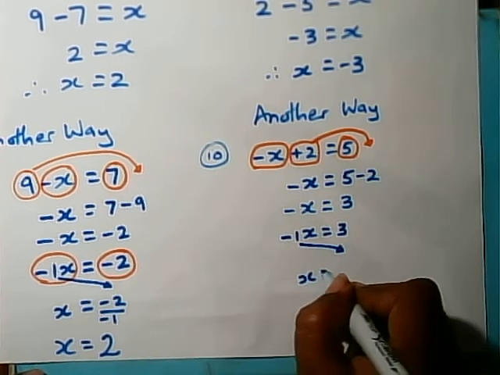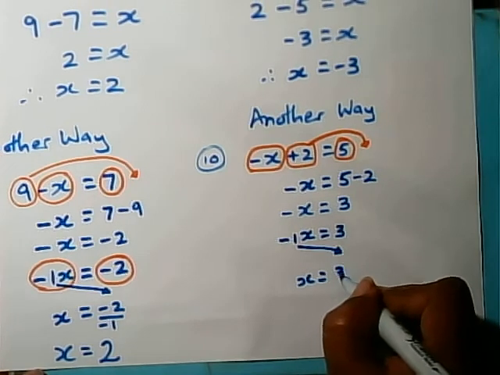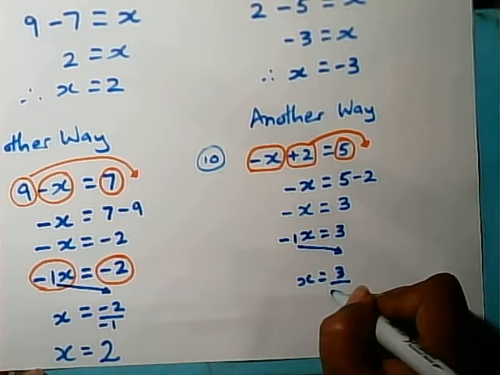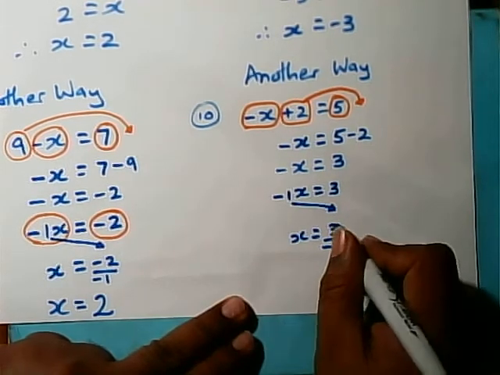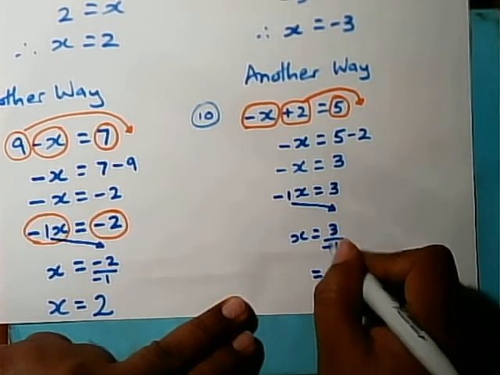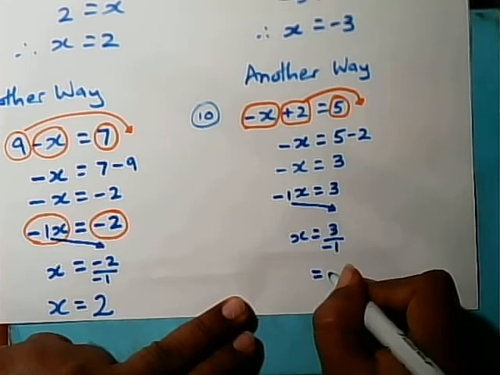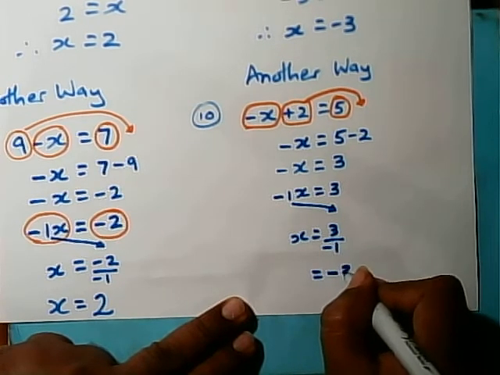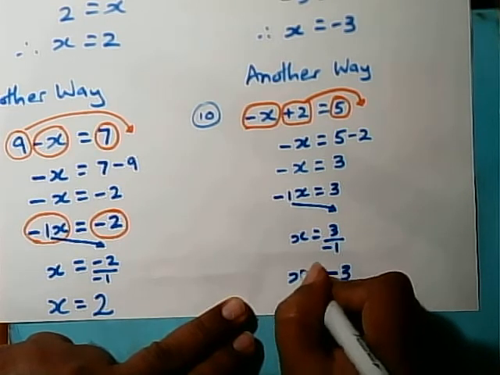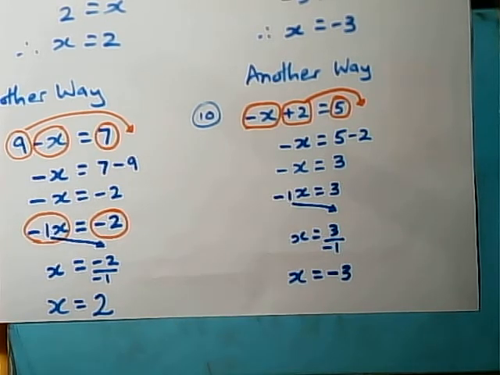We end up with x equals 3 on top, minus 1 below. And 3 divided by 1 is 3. Signs are different, so the answer will be a negative answer. A negative 3. x is equal to minus 3.